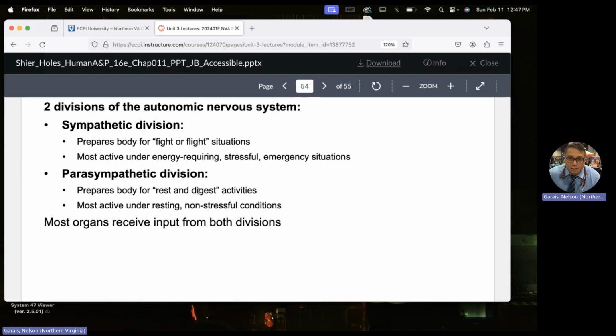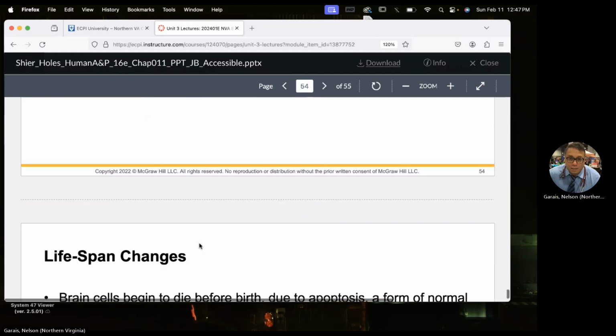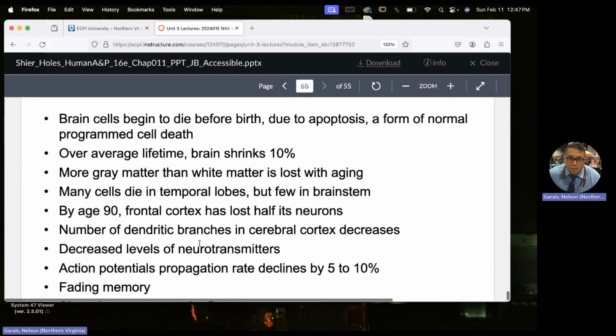Rest and digest, and that's why if you do a drug that's parasympathetic, you're going to get the munchies. But if you do a sympathomimetic drug like cocaine or crack cocaine, you're going to be ready to fight everyone and or run away from everyone right after you start said fight. And lifestyle changes, everything goes downhill, then you die.